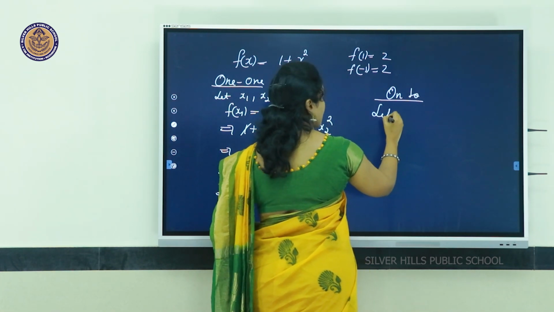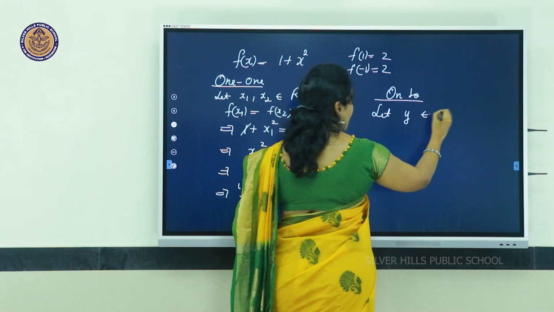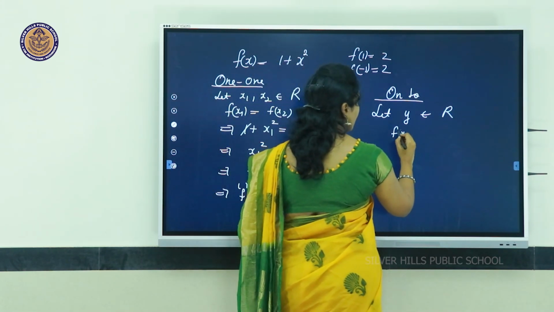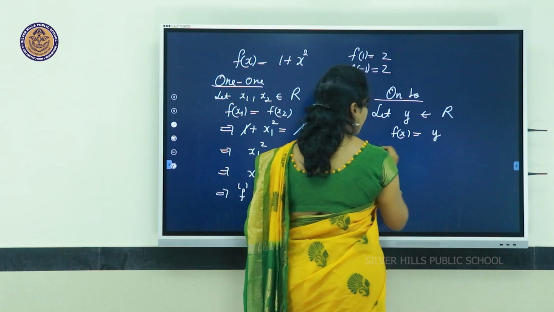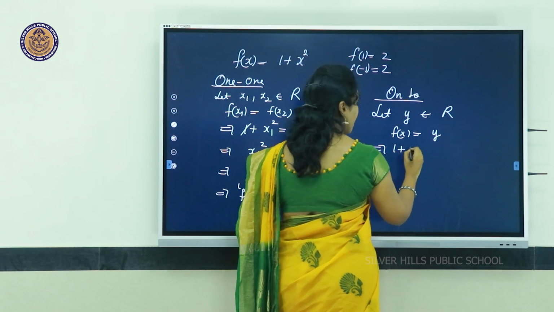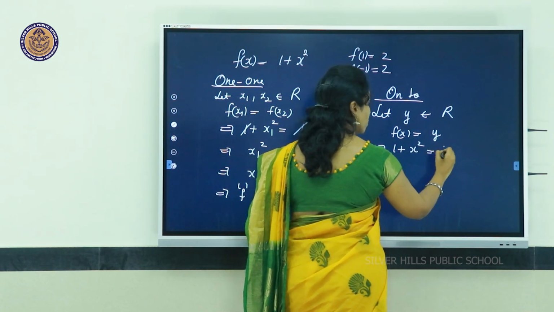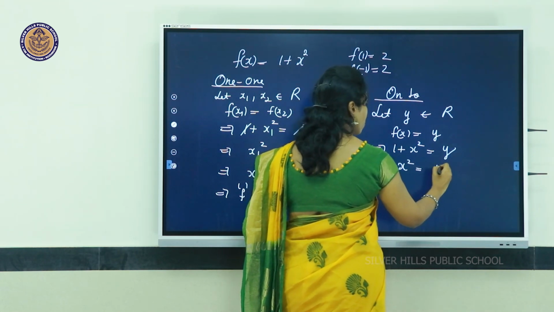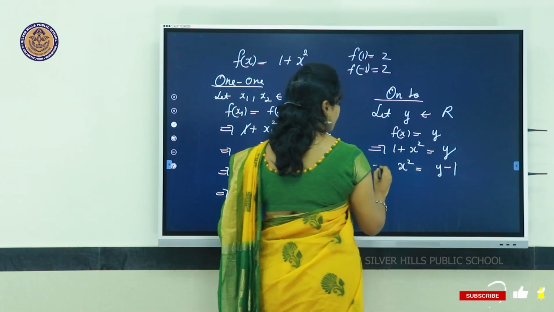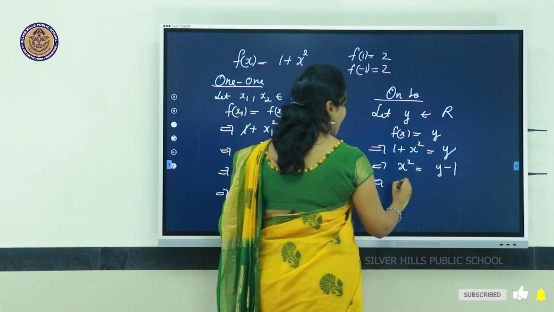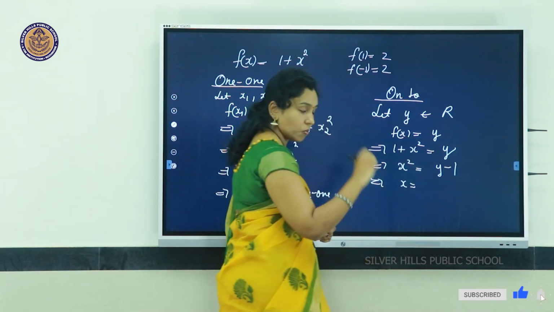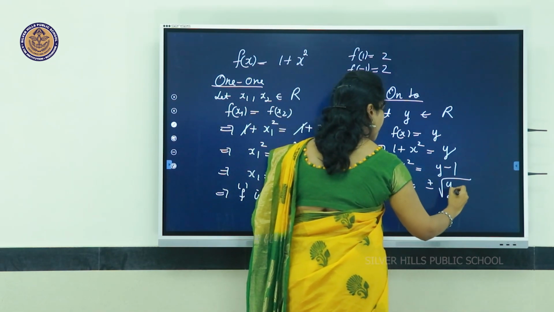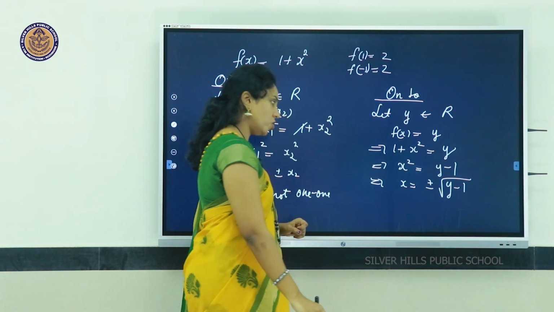As usual, let us consider a member y in the codomain R. So, f of x is equal to y implies 1 plus x square is equal to y. x square is equal to y minus 1. So, what does that mean? We just take the square root, x is plus or minus root of y minus 1. So, we reached here.